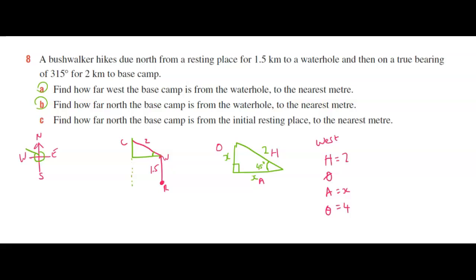Okay, and then theta is 45. So I'm going to be using the cos ratio, and cos 45 equals x over 2. So x is equal to 2 cos 45. All right, and I'll let you do the rest of the question.